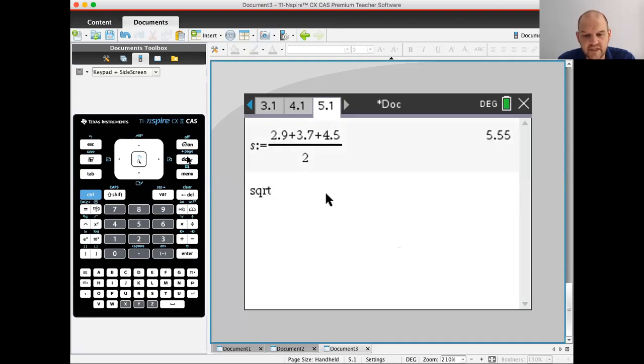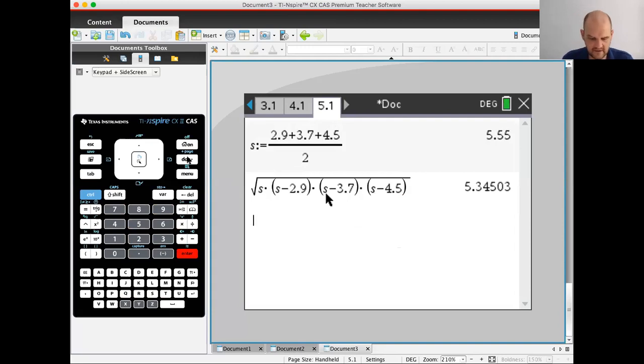And now I'm going to type it in. So it's S times (S minus 2.9), (S minus 3.7), and (S minus 4.5). Okay, so I'm thinking that the area is, okay, I'm writing it down. I'm doing the highlighter thing all day. Tried to write that in highlighter. So I'm going to say the area is approximately 5.345.